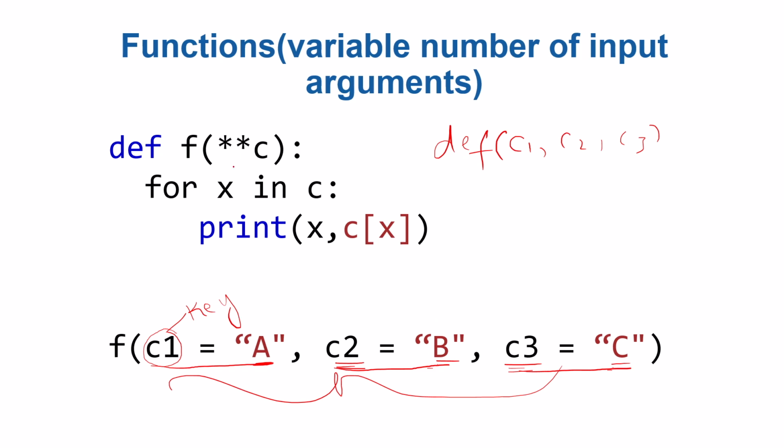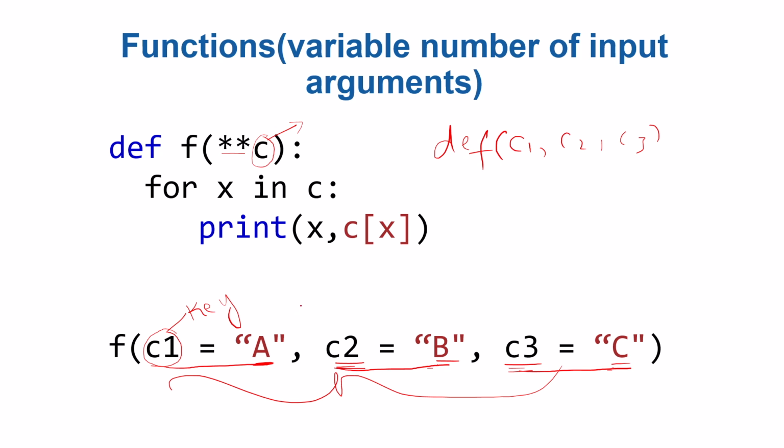So Python gives you again a very, very simple way. Rather than writing a single star, you write a double star, and then you receive in whatever variable name. This double star means you are receiving a key value pair list. We will see that it resembles a data structure in Python called dictionary.